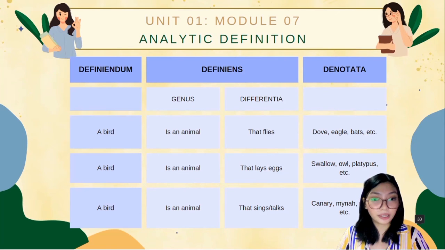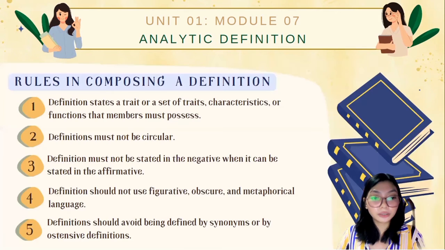And so, after the discussion of these common errors, here is the final segment of Module 7, which will give us sufficient information as to how we should correctly compose a good analytic definition in order for us to avoid the said common errors discussed previously.